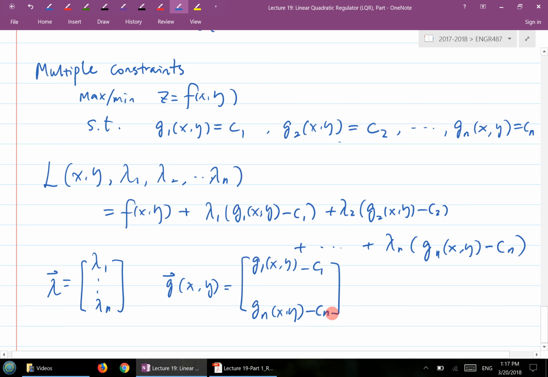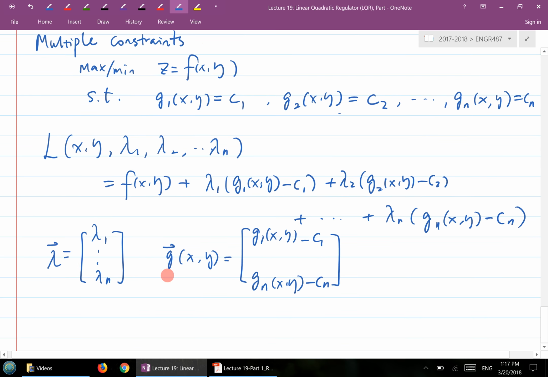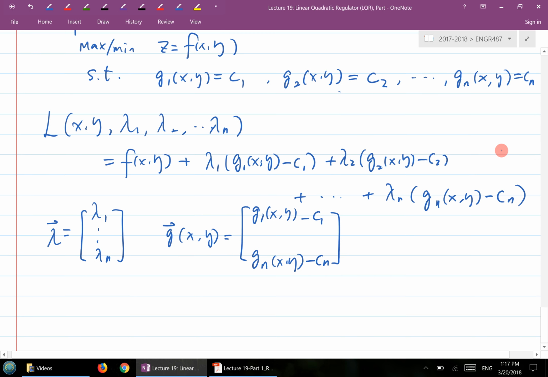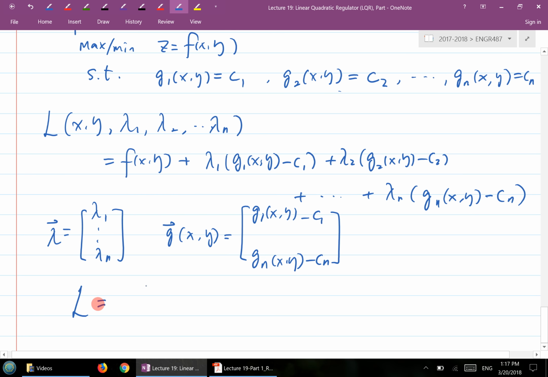So you can introduce two vectors here. Then that Lagrangian equation can be written in a much simpler format: lambda transpose times this g of x y.